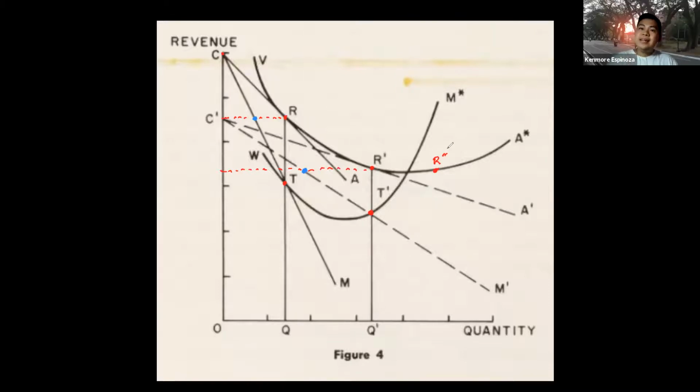What's the first thing to do? You draw a straight line tangent to R double prime. Let's find another color. Pink. Just assume that it's tangent.